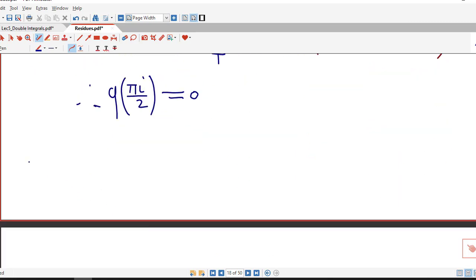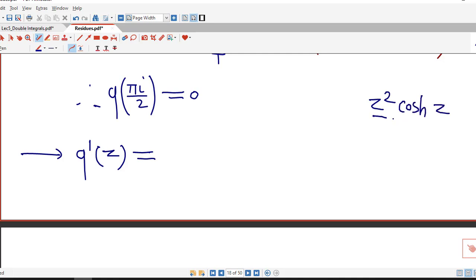Now we check the value of function q's derivative at pi i by 2. So for that we first find the derivative of q. Function q is z square cos hyperbolic z. So here we have to apply the product rule. z square as it is, derivative of cos hyperbolic z is sine hyperbolic z. Cos hyperbolic z as it is, derivative of z square is 2z.